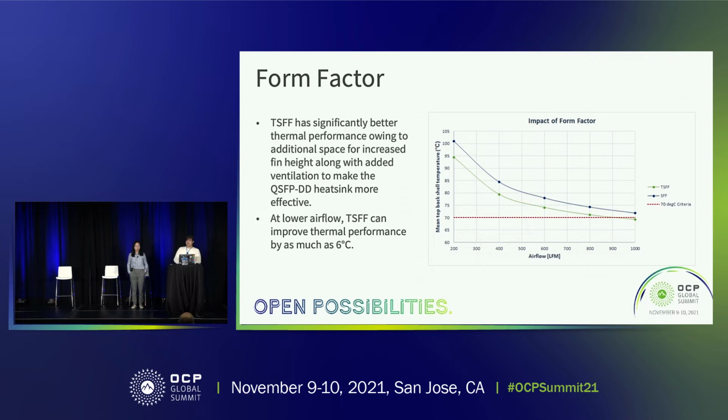What's accounting for that improvement is that with the TSFF, we have more room for the I/O heatsink solution, and we are able to leverage that along with better venting, so more airflow is now being used for the I/O cooling. So again, we do see a bigger delta improvement for the move towards TSFF versus SFF at lower airflows versus at higher airflows.